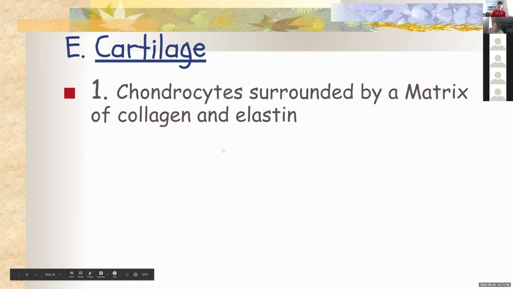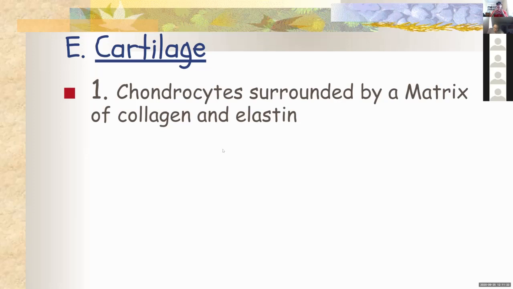The living cells in cartilage are known as chondrocytes, and they're surrounded by a non-living matrix of, oh, look at those two proteins again, collagen and elastin. In cartilage, the collagen and elastin are mixed together.